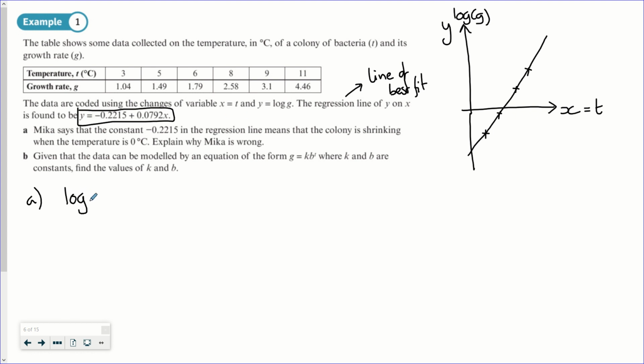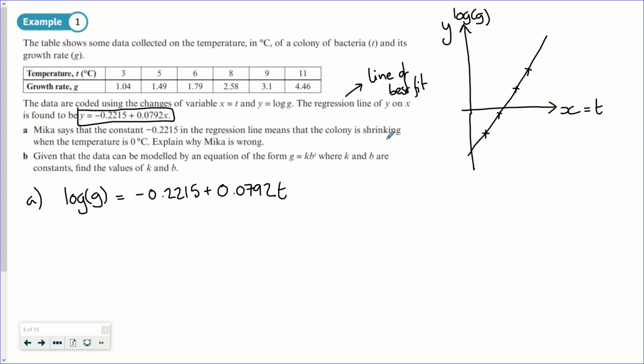So let's replace y with log g in this relationship: log g equals minus 0.2215 plus 0.0792, and x is actually t. So this gives us a relationship between log g and t.